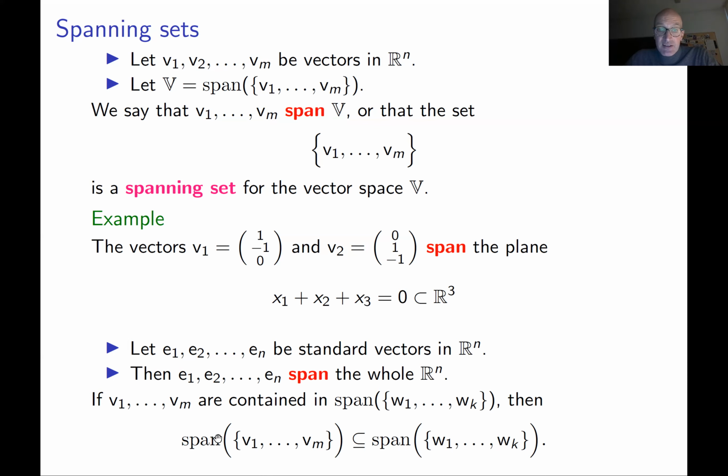But this set consists of all possible linear combinations of these vectors. So each of these linear combinations is contained here, so this subset is contained here. This actually looks quite simple, but it is quite handy in some applications.